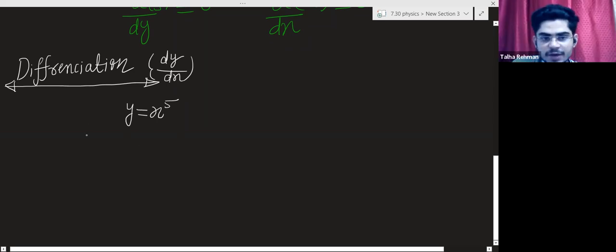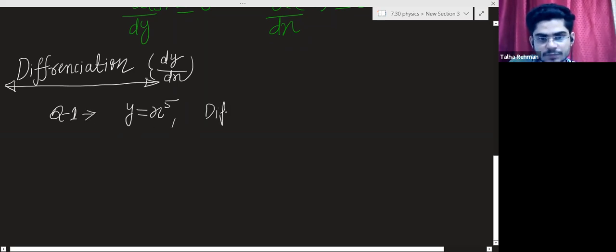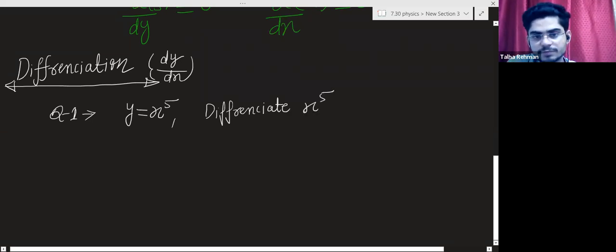So if I want to differentiate, this is question number 1. Differentiate x to the power 5.